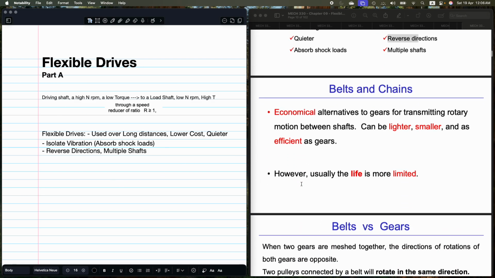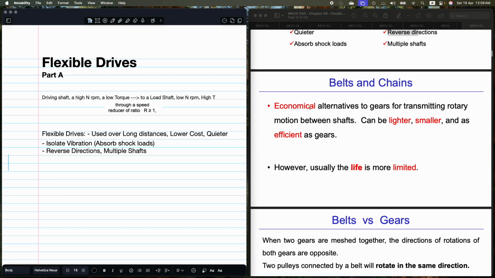So we have belts and chains now. It's a better alternative to gears. So now we're looking at belts and chains. They are economically better compared to gears. And why so?